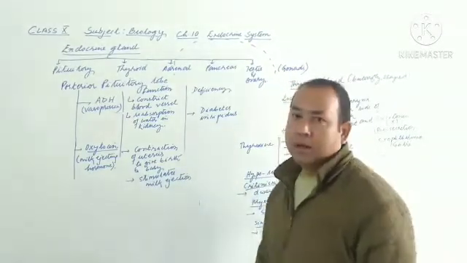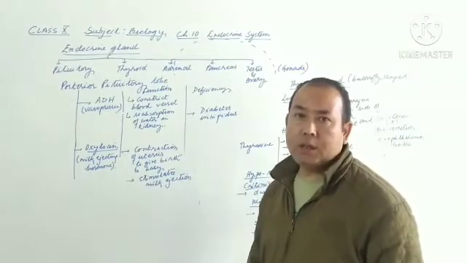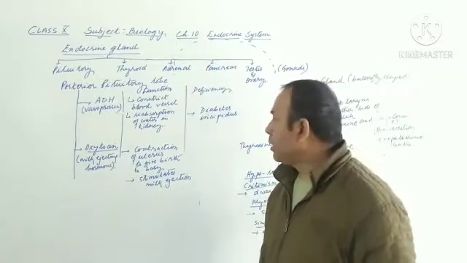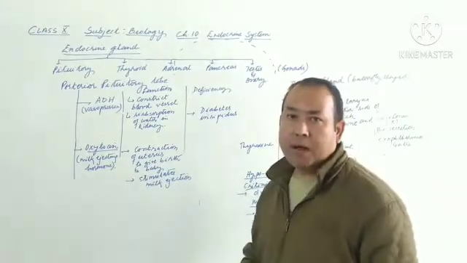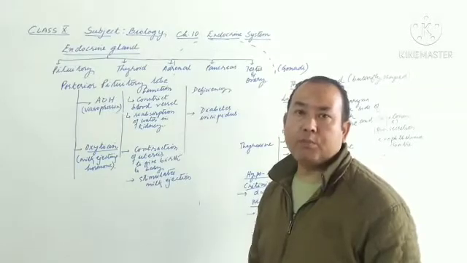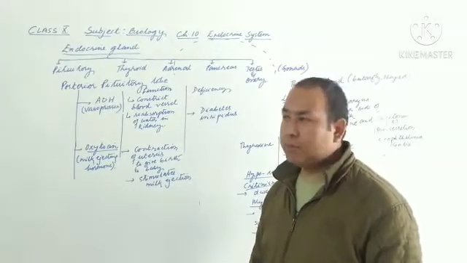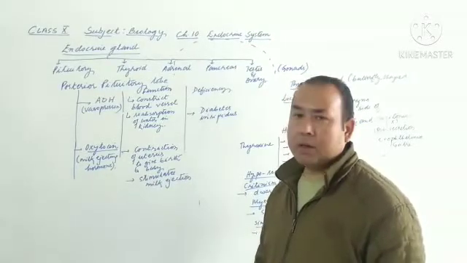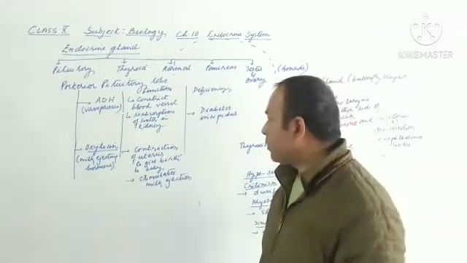That is why the person suffering from diabetes insipidus has to go to the toilet frequently to urinate. There are two types, diabetes insipidus and diabetes mellitus. Diabetes mellitus is mainly caused by the insulin hormone, which we'll discuss under the topic pancreas.